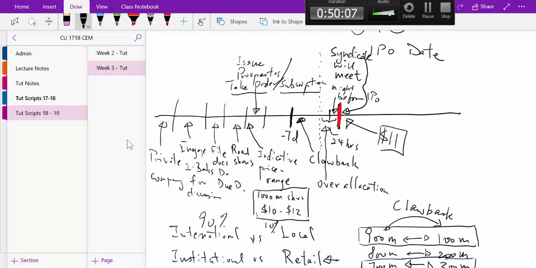When the bell rings, the first price will be this one. That's the price at which the shares are launched. Now, we have talked about clawback and over allocation, but it doesn't stop there. There's a final step.